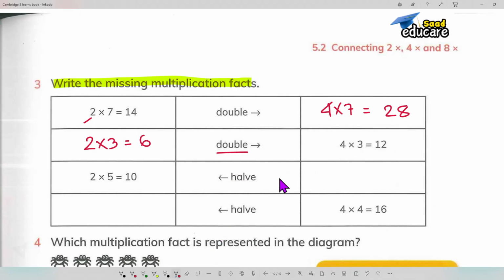And half. So here is 4 times 5 equals 20. So 4 half should be 2, and times 5 is 10. 4 times 4, we need half. So 4 half is 2 times 4, it will be 16. Is it? No. Here is 8.